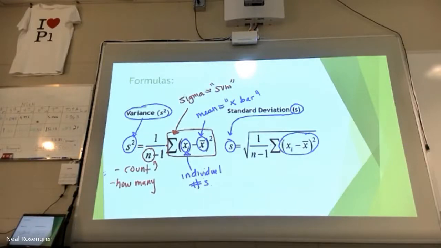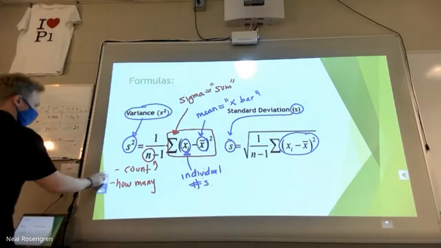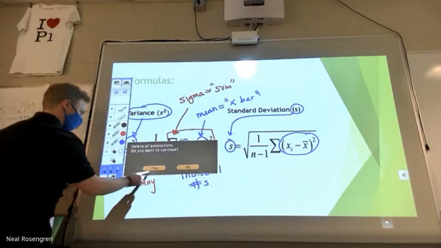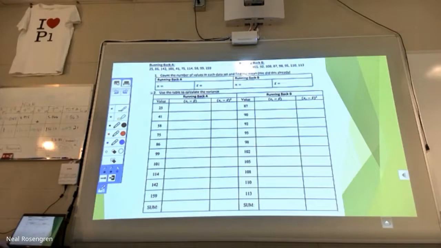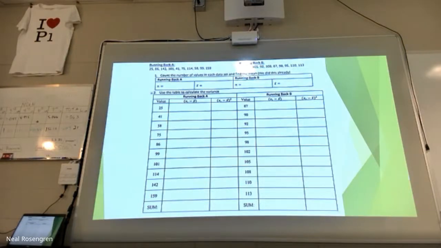And I'm going to help you work through these so you can see what it's like. We're just going to do running back A first. Now, remember what we needed? We needed how many there were, the count. That was N. We needed the average. And then we just needed to do some math with those numbers.